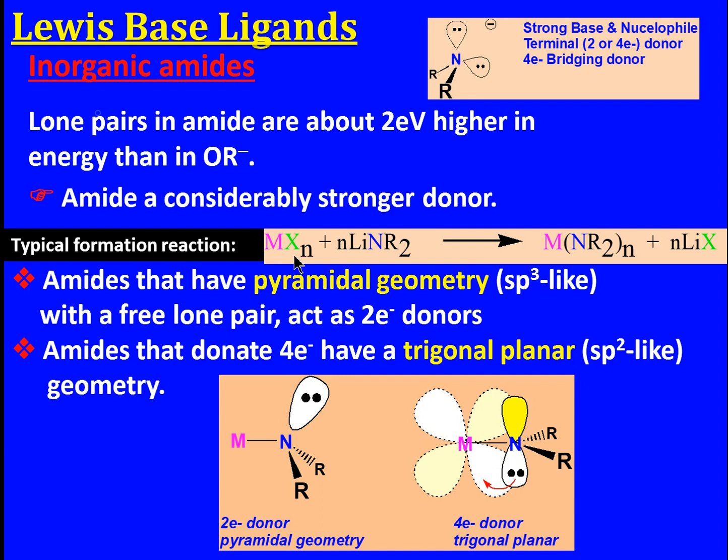Amide complexes are prepared by direct reaction between, for example, metal halides and lithium amide to give the metal amide, and the degree of substitution depends on the nature of the R groups used and on the metal halide used. Whether the amide is a 2-electron donor or 4-electron donor depends on the geometry of the metal amide.